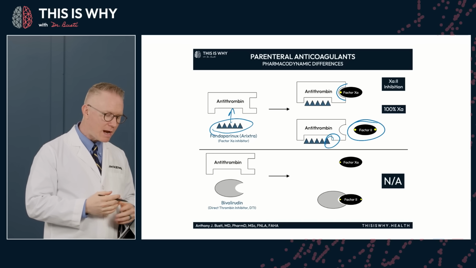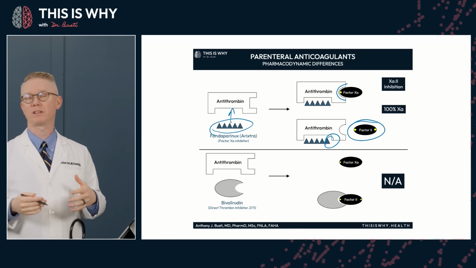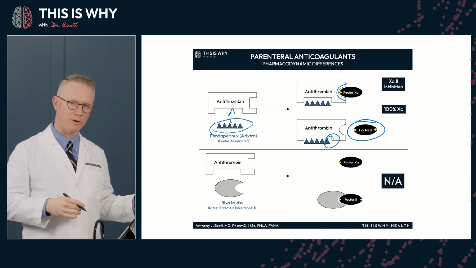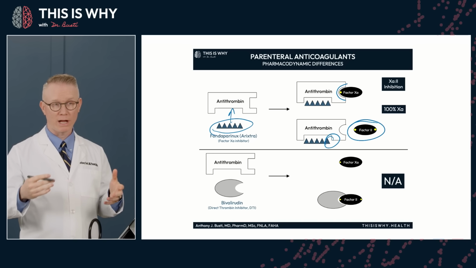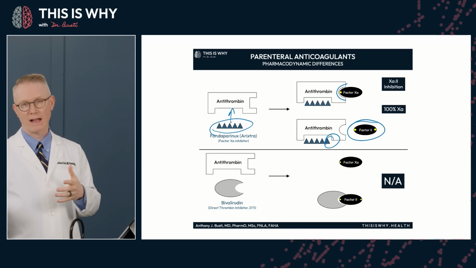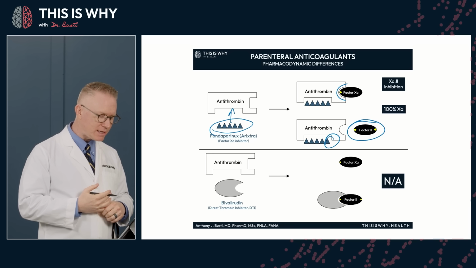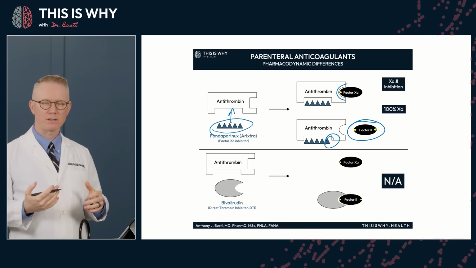Okay? Now, how does this all compare to the parenterally administered drugs, direct thrombin inhibitors? Well, direct thrombin inhibitors do what they say. They directly inhibit thrombin or factor 2. Okay? But they do it in a way that's different, right?